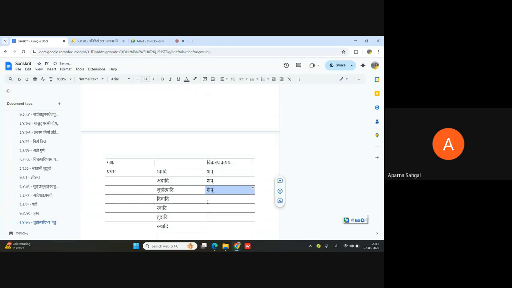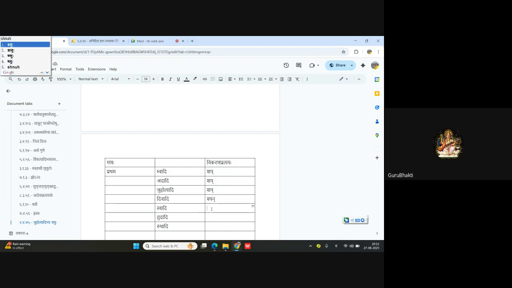Divadigana? Shyan. Swadigana? Shnu. Tudadigana? Sha. Tudadibhyaha shaha.